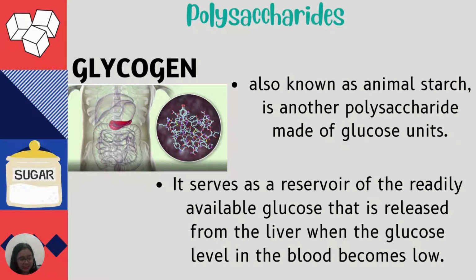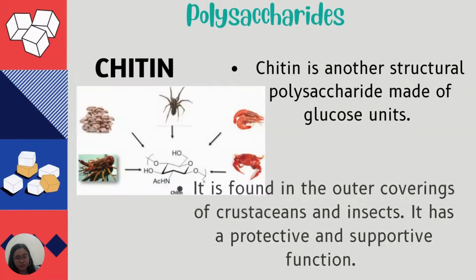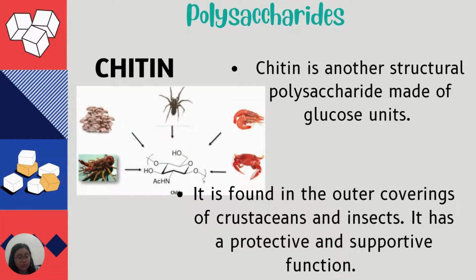And then, last polysaccharide is the chitin. Chitin is another structural polysaccharide made up of glucose units. Makikita to sa mga coverings of crustaceans and insects. It has a protective and supportive function.